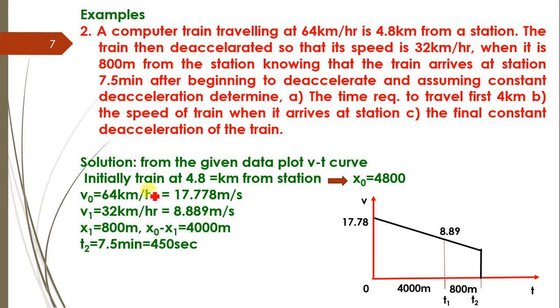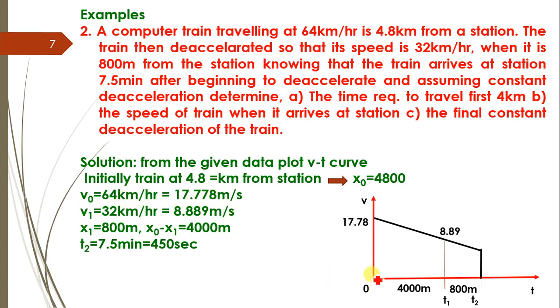Initially the train is 4.8 km from the station, so the change in position from 0 to t2 is a total distance travelled of 4800 meter, and corresponding to that, the initial velocity v0 is given as 17.78.